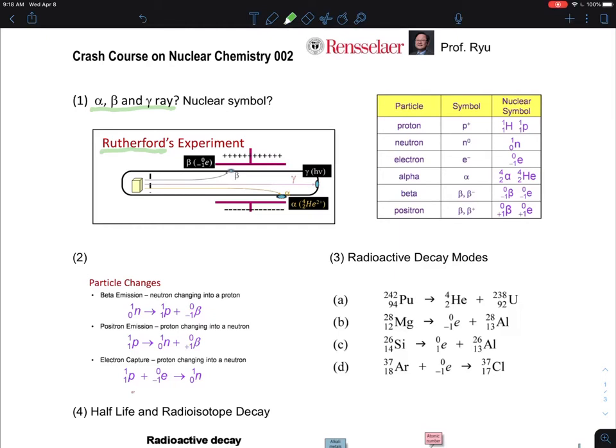He did this experiment in a vacuum tube, with a source that emits either alpha, beta, or gamma, and he put this source across an electric field.